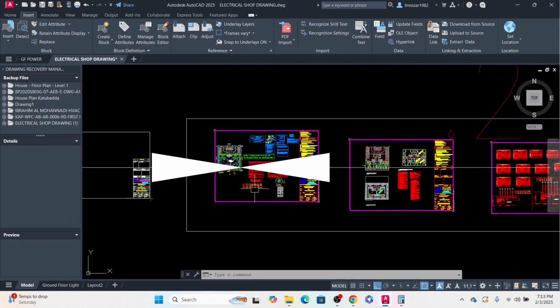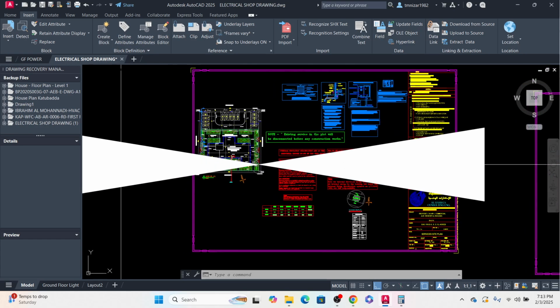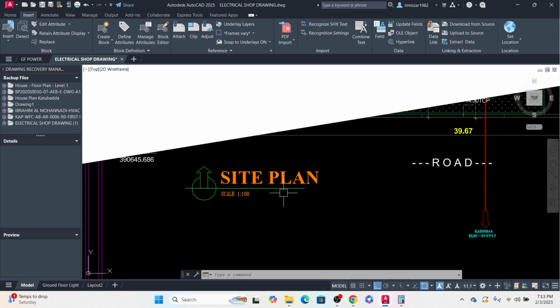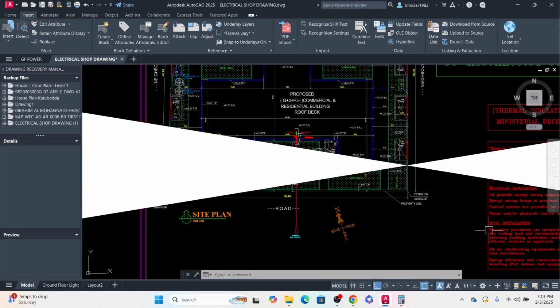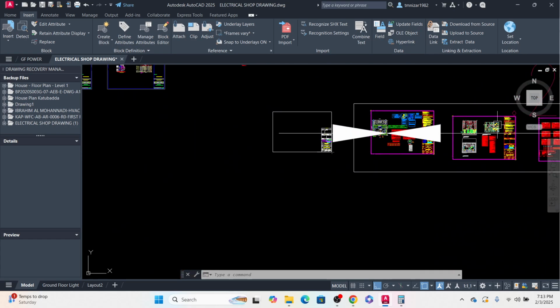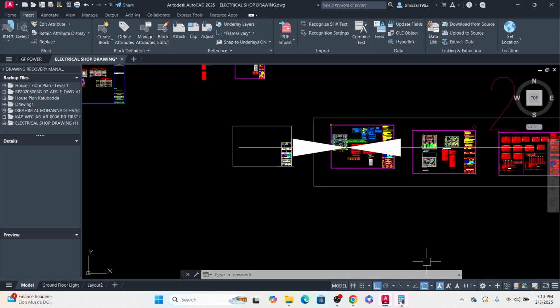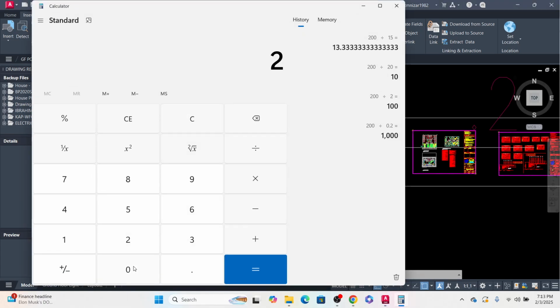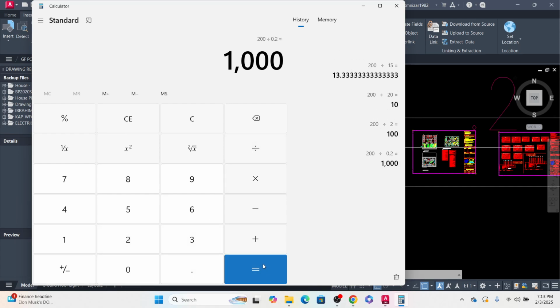But if you see here, in this drawing, they have mentioned 1 to 100. So I got 200, and I got 0.2. When I divided 200 by 0.2, it is coming 1000. Okay, that means 1 to 1000 scale.